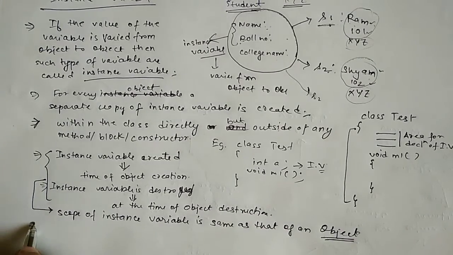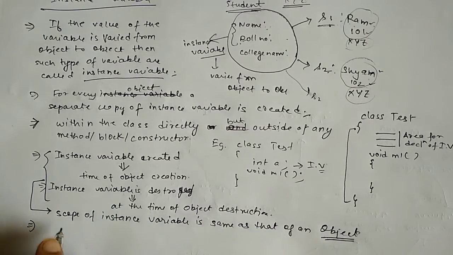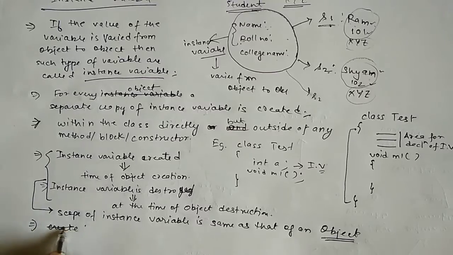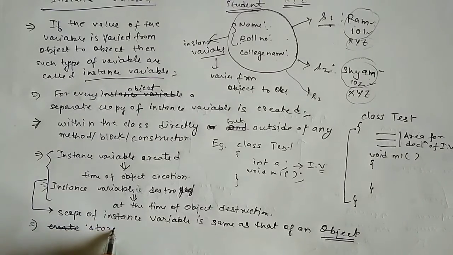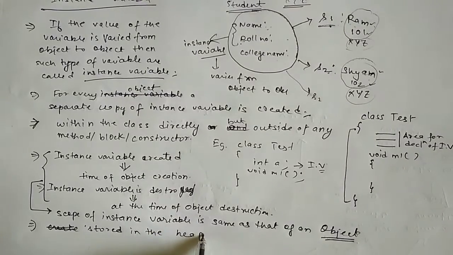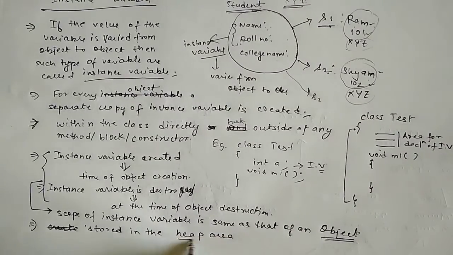So now we should know where the instance variable is created. The instance variable is created, or rather we should say stored, in the heap area.